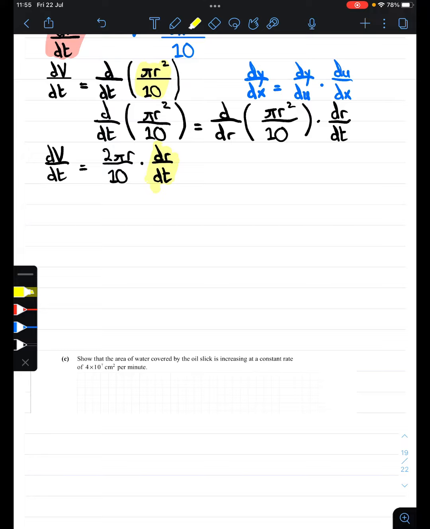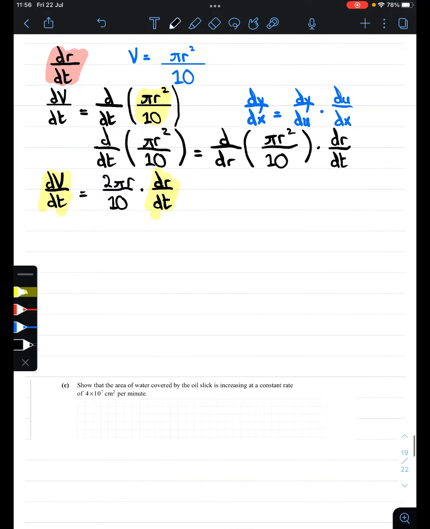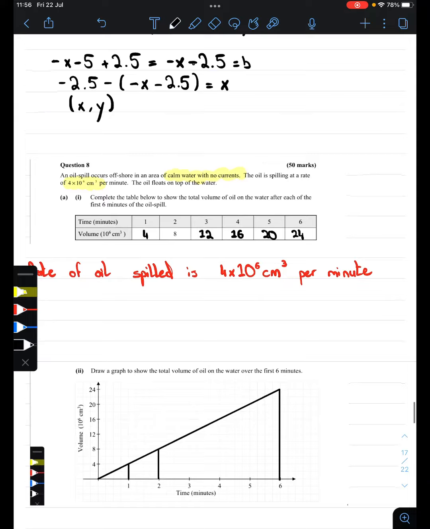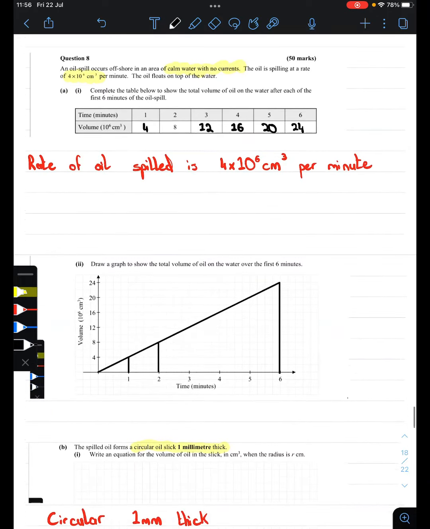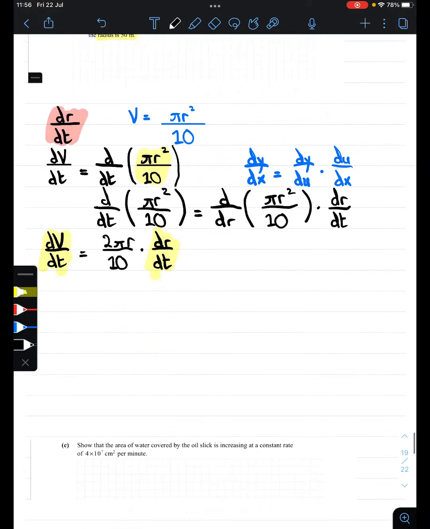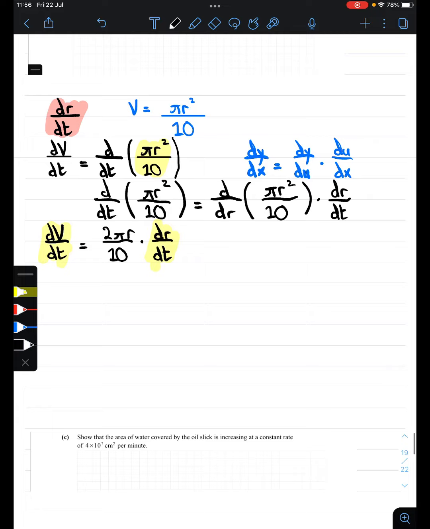Well, we have r, we know what r is, and the other variable is dv dt. Do we know what dv dt is? Well, we actually do know what dv dt is. That comes at the start of the question. We know that the rate of oil spilled is 4 by 10 to the 6 per minute. So dv dt is just a constant equals 4 by 10 to the 6.